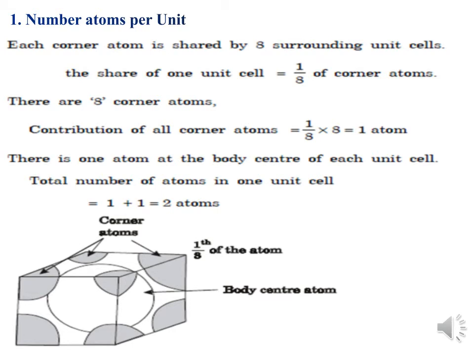Hence, the share of one unit cell is 1/8 of a corner atom. There are 8 corner atoms. Therefore, the contribution of all corner atoms is 1/8 into 8, which simplifies to 1 atom. There is 1 atom at the body center of each unit cell. Therefore, the total number of atoms in one unit cell equals 1 plus 1 equals 2 atoms.